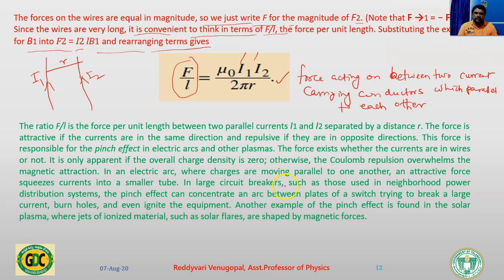In large circuit breakers, such as those used in neighborhood power distribution systems, the pinch effect can concentrate an arc between plates of the switch trying to break a large current, burn holes, and even ignite the equipment. Another example of the pinch effect is found in solar plasma, where jets of ionized material such as solar flares are shaped by magnetic forces.